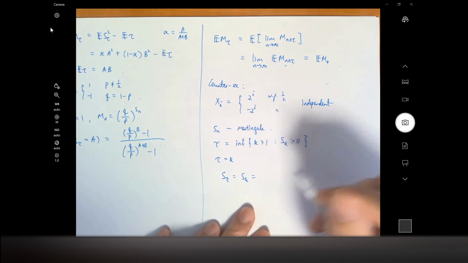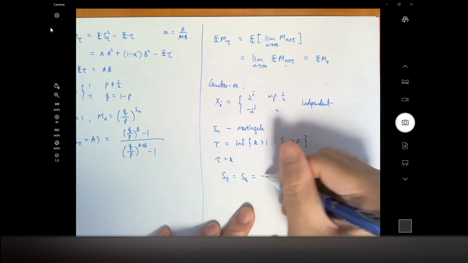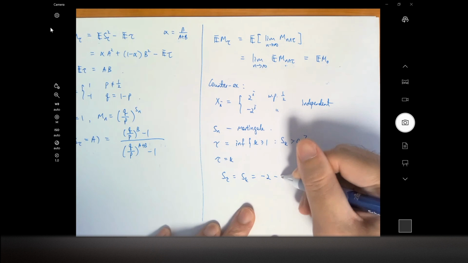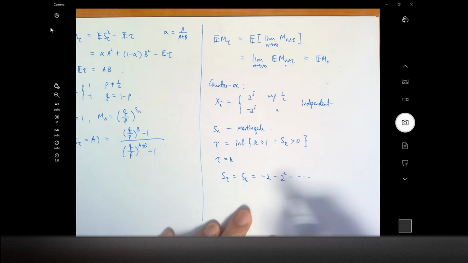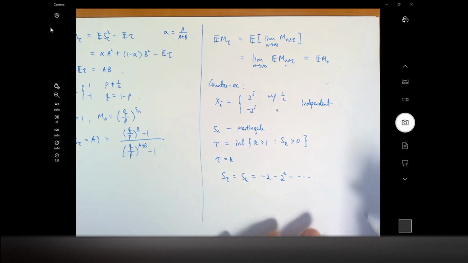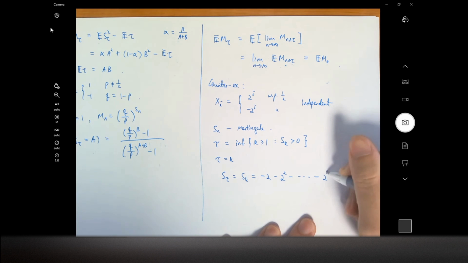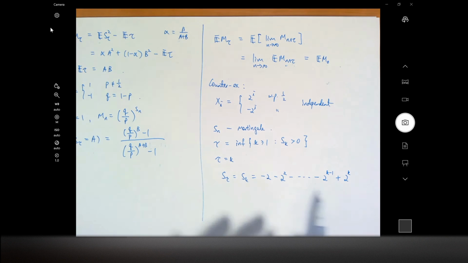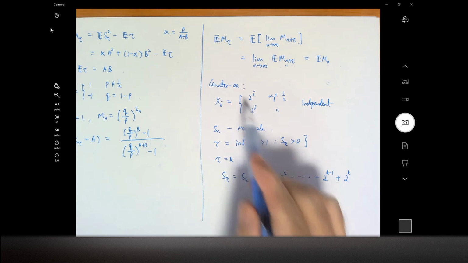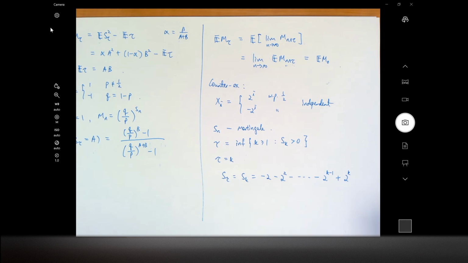This has to be that for i equals 1, it must be minus 2, for i equals 2, it must be minus 2 squared, and so on, right? So basically, all the Xi's must be negative until the last one, when it becomes positive. Because you can verify that, as long as I have an Xi that is positive 2 to the power i, because of this geometric sum, everything summed up will immediately become positive.